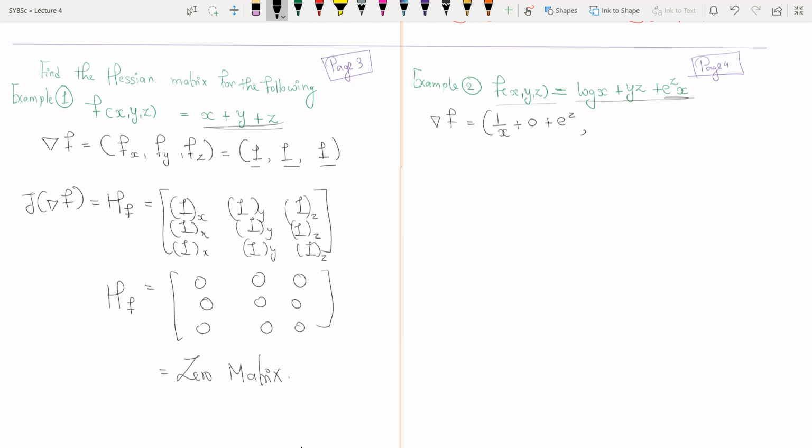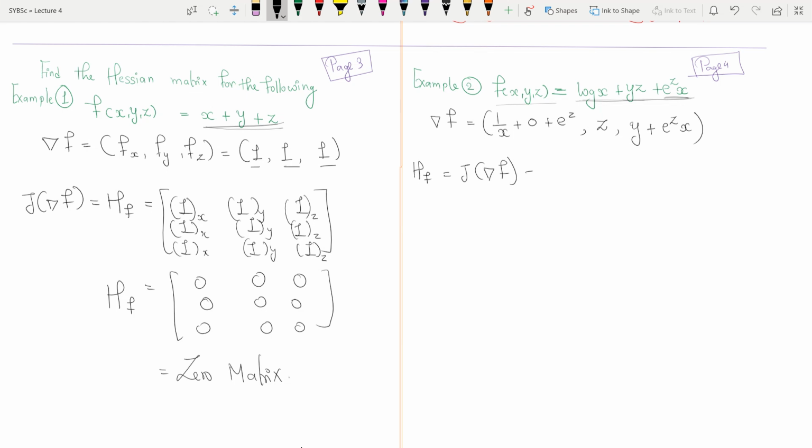Then with respect to y, if I differentiate this entire one, I get z. With respect to z, I differentiate this entire one and get y plus e raised to zx. So this is my gradient. If I want to find the Hessian, I'll find the Jacobian matrix of this gradient of f.